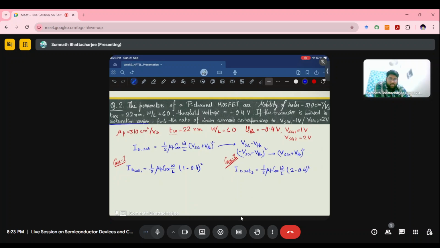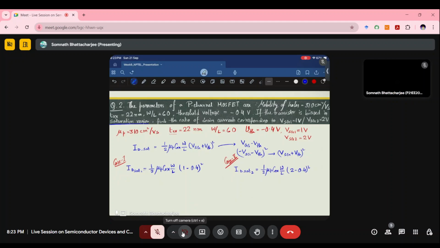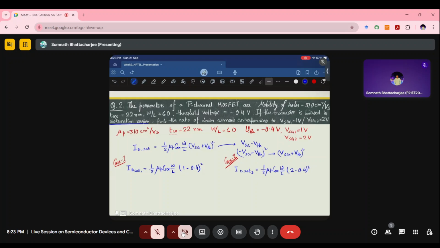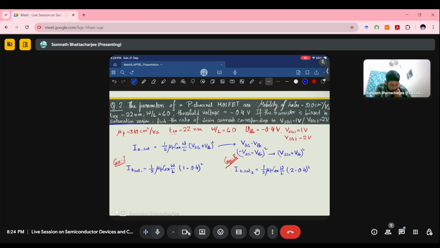So do it, take a minute and try to get the answer. Give me the answer. So it is 0.1406.